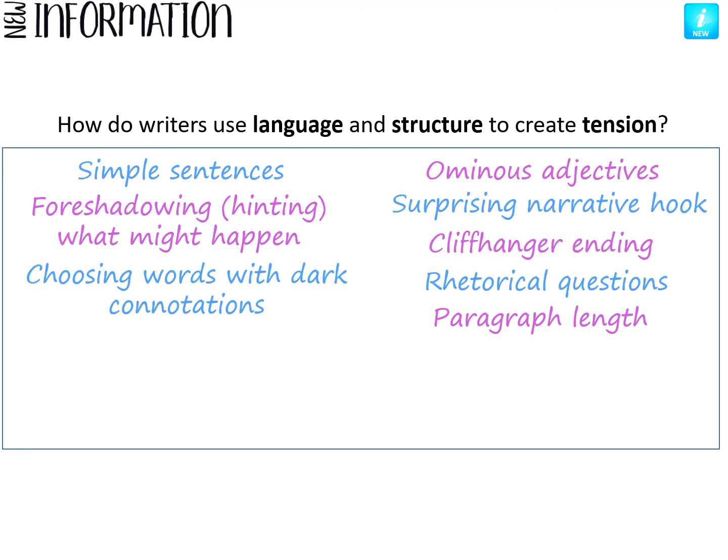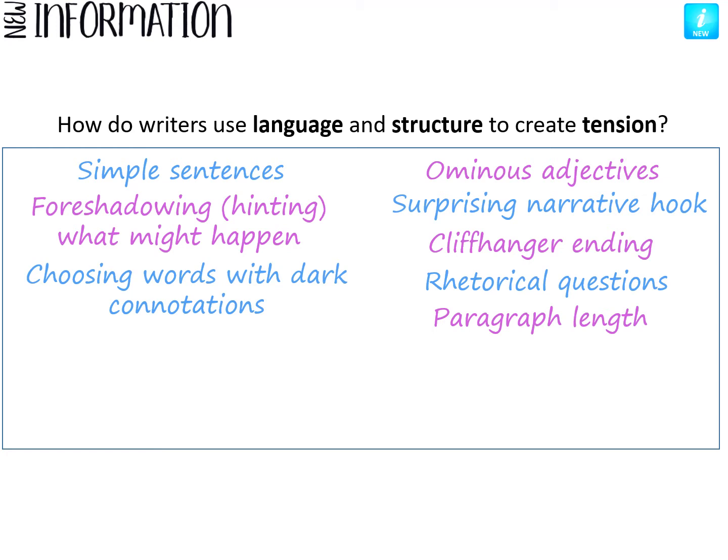When we looked at Jaws, we talked about the various ways in which the writer Peter Benchley used simple, complex, and compound sentences to create tension. Here are a few other ideas.